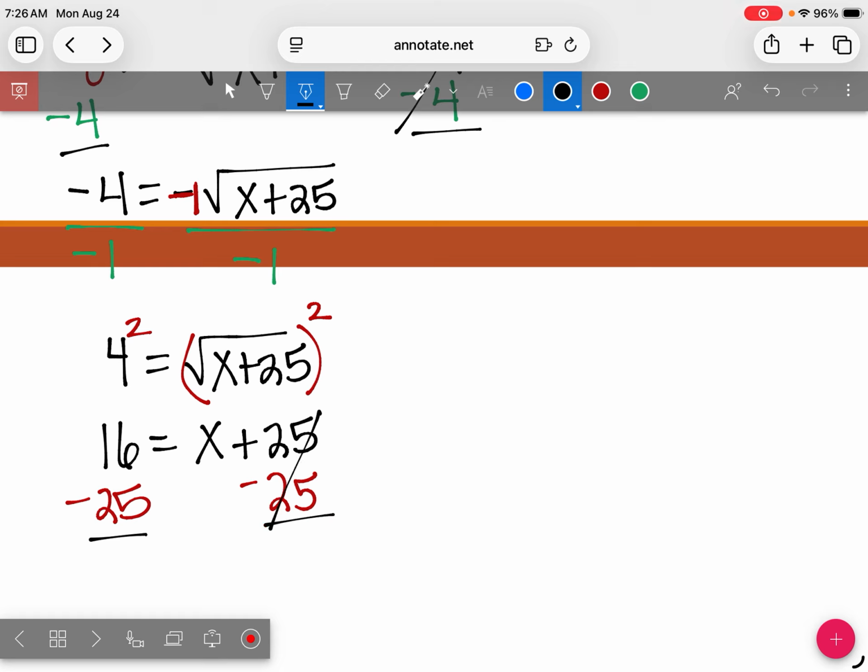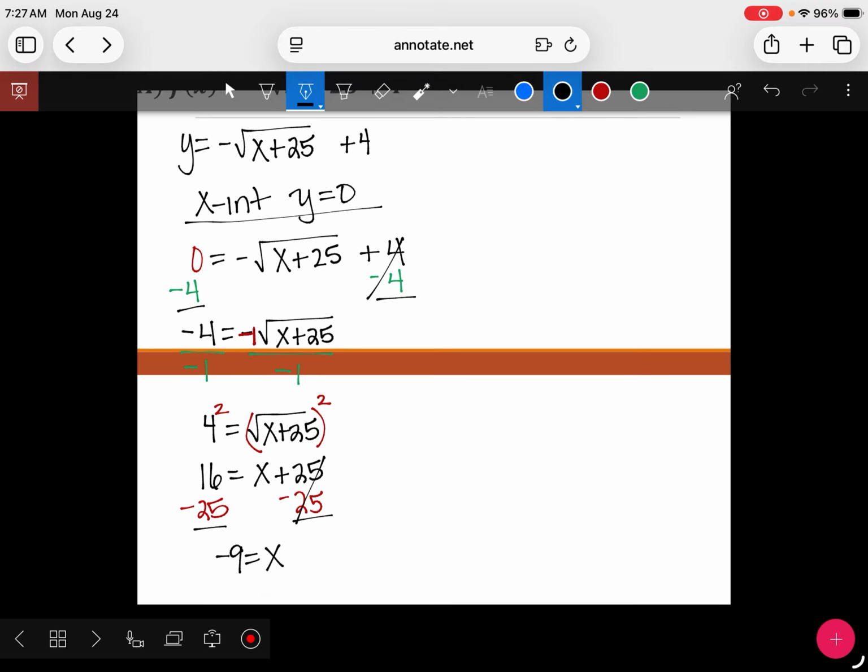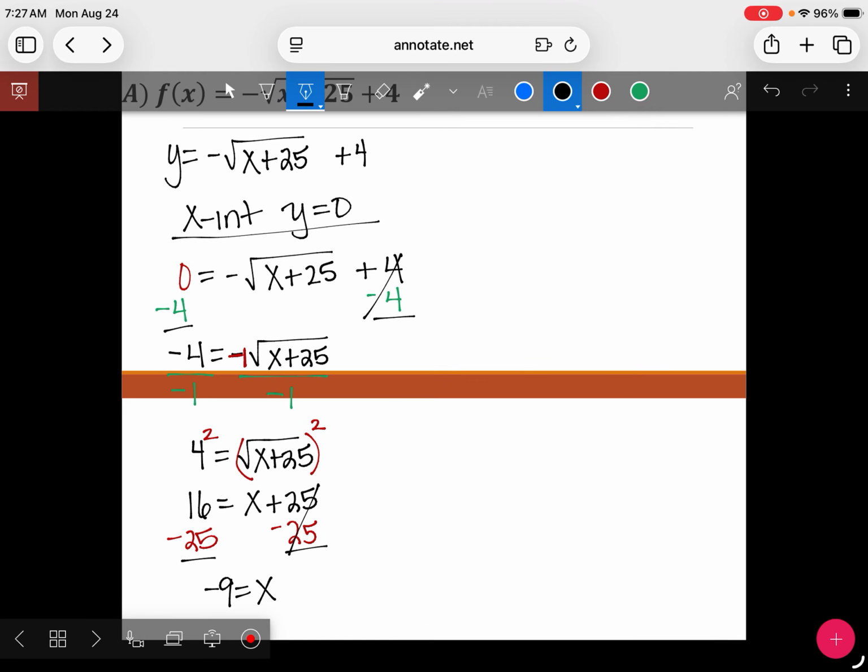So take 16 minus 25. So I'm going to write it over here. My x-intercept, I only have one, is at negative 9, 0.